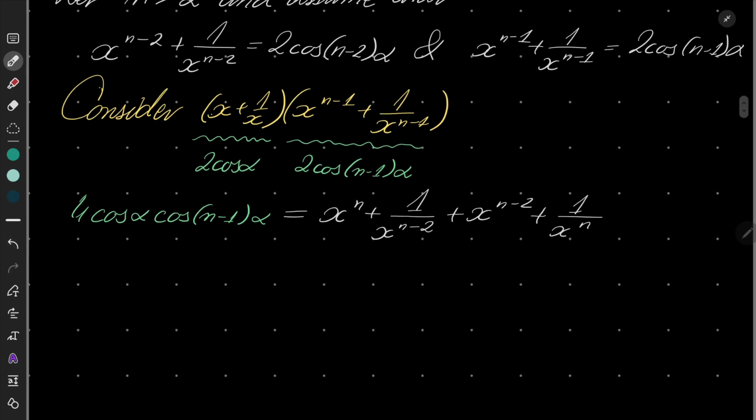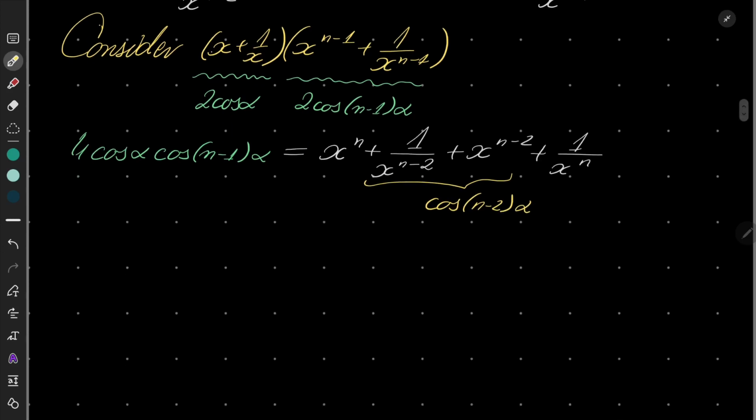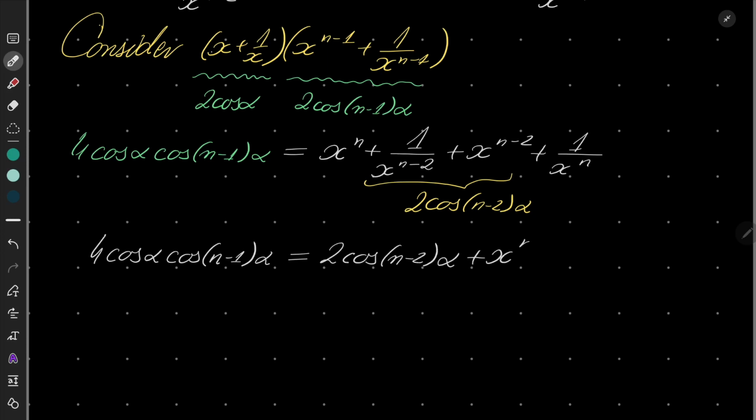Okay, and now by our assumption, this part happens to be equal to 2 cosine of n minus 2 times alpha. And now we have the following: 4 times cosine of alpha, cosine of n minus 1 alpha, equals 2 times cosine of n minus 2 alpha plus x to the nth power plus 1 over x to the nth power.